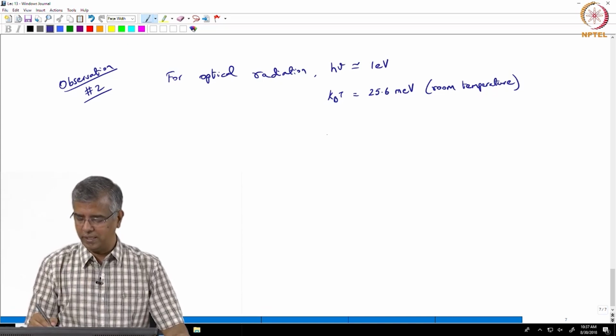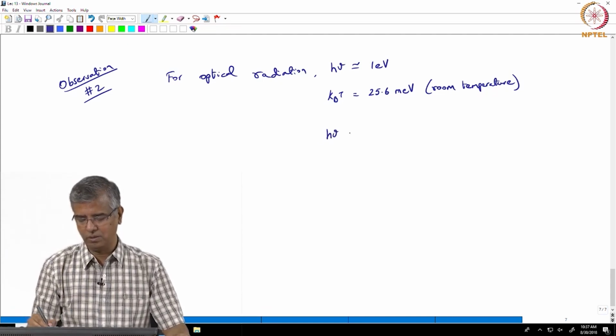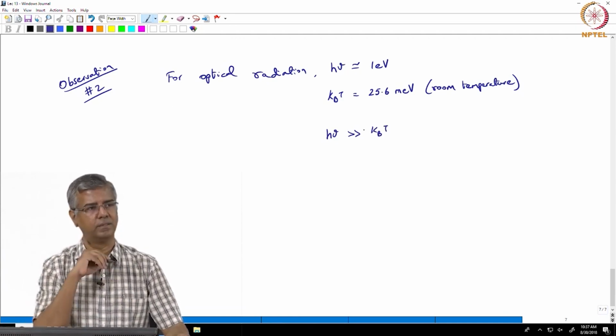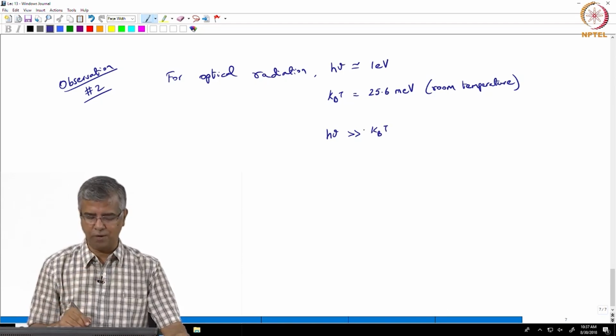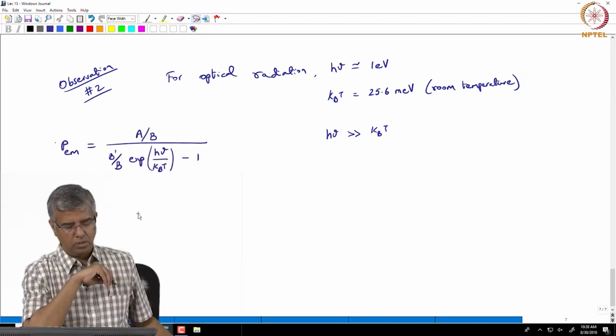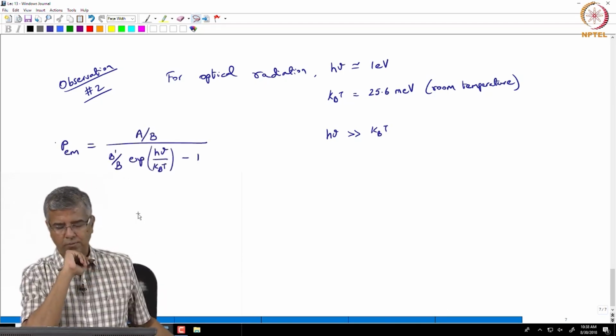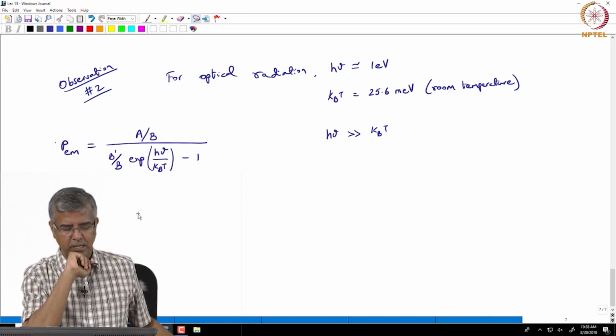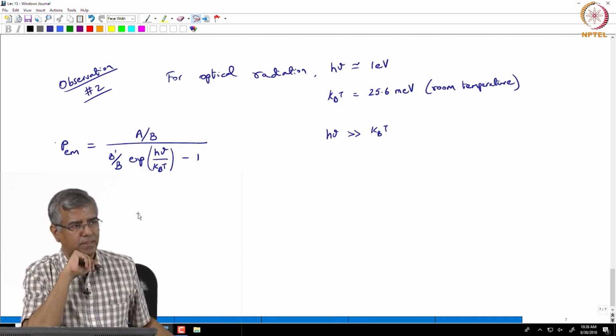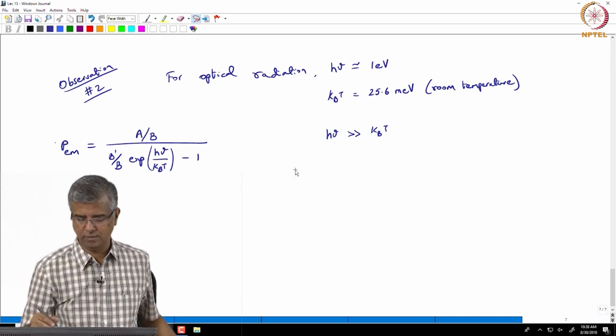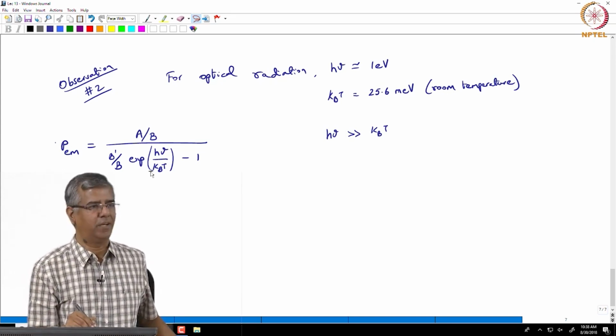So what we see is h nu is far greater than kBT. If h nu is far greater than kBT, what can we say about this emission probability density? So this is going to be a fairly large value.